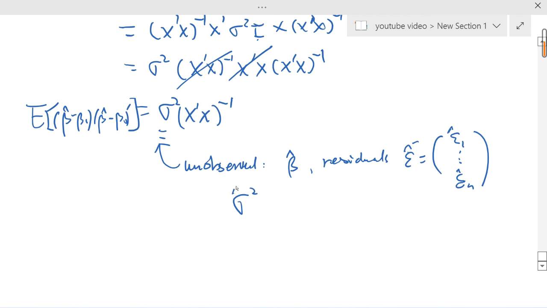Then estimate sigma hat square as the sum of epsilon hat squares divided by n. This is the OLS estimator.